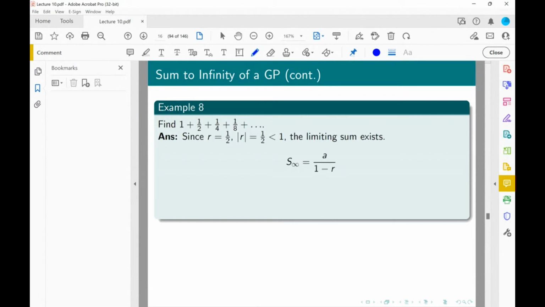S infinity is a on 1 minus r, which is 1 over 1 minus a half, which turns out to be 2, because the bottom becomes a half. There's a nice geometric meaning: if you take one step, then half a step, then half a step of that step, you end up taking infinitely many steps, and you end up making 2 steps overall.